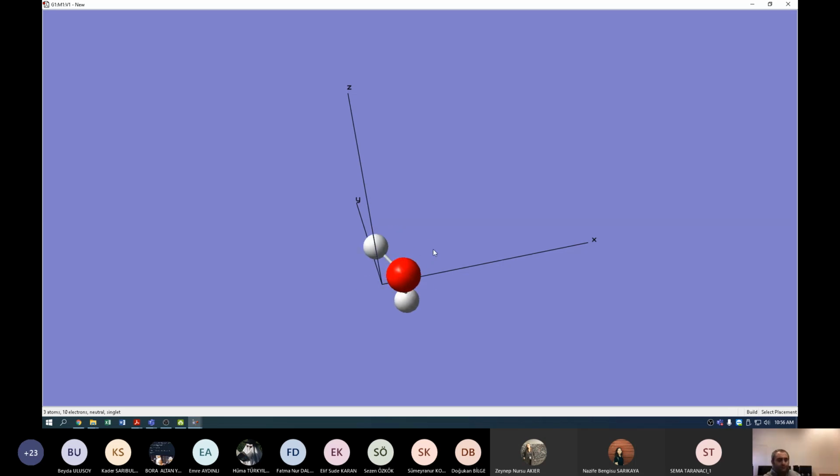So there are three different rotations: X, Y, and Z. If I have a nonlinear molecule, I can have X rotation, Y rotation, or Z rotation. And then the vibrations must be the rest.